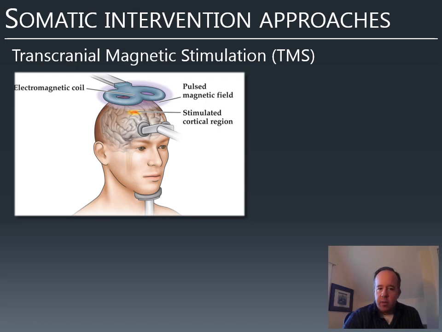So there's a relationship between electricity and magnetism, and we're not going to go into the physics of it, but what TMS does is it uses a magnetic field to change electrical activity in the brain. If this magnetic field is applied just once, you can cause action potentials to occur. If it's done repeatedly, you can sort of wear part of the brain out temporarily, so that part of the brain is no longer active.